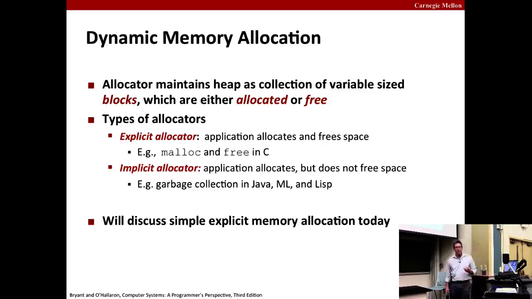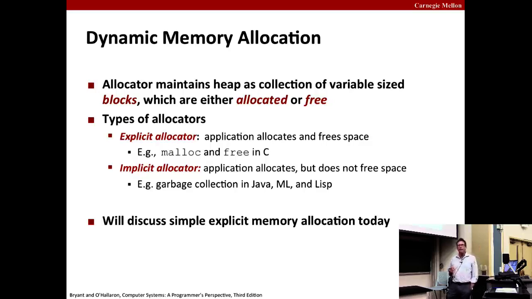Now the allocator maintains the heap as a contiguous collection of blocks, where blocks can be allocated or free. Allocated meaning that they're being used by some application. Free meaning that they're available for use by an application. And there's two types of allocators.